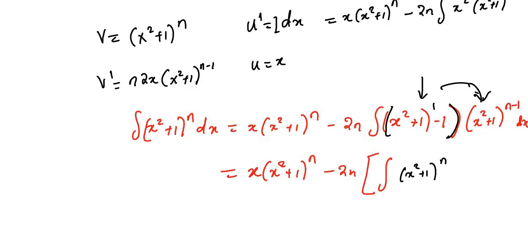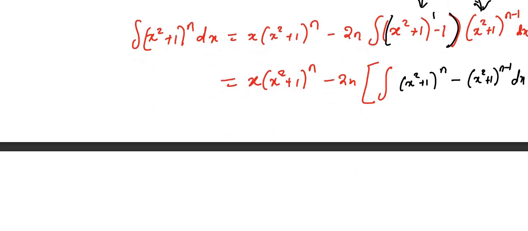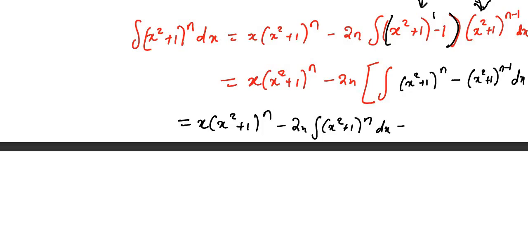Then you have a minus, when you multiply this by this guy here, which is just (x squared plus 1)^(n minus 1) dx. We distribute this negative with a 2n. It changes and becomes x (x squared plus 1)^n minus 2n times the integral of (x squared plus 1)^n dx, plus we have a 2n times the integral of (x squared plus 1)^(n minus 1) dx.